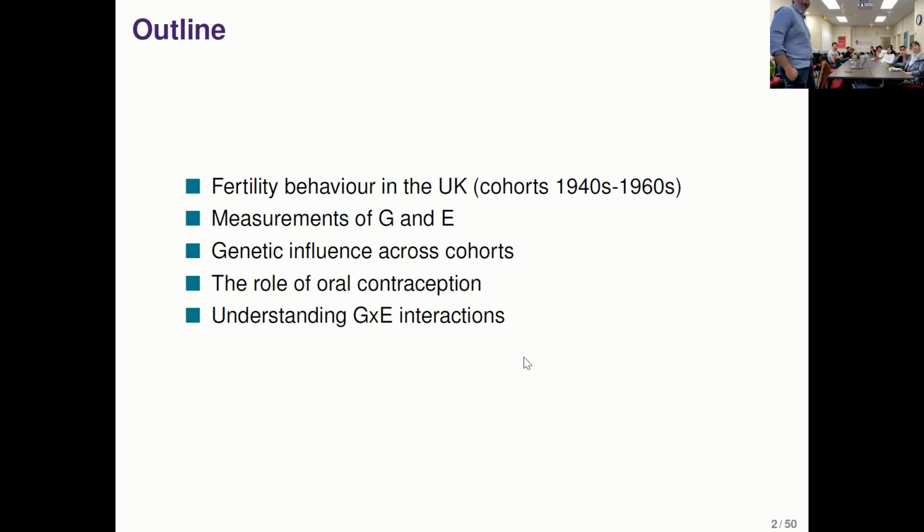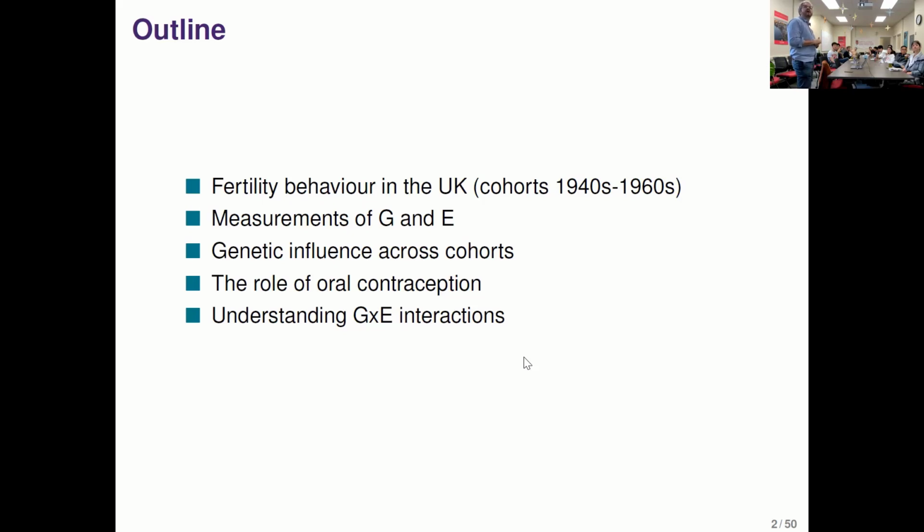Then I will talk a bit about our measurements of genetics and environment. This is a paper in which we try to understand gene-environment interactions, and also talk about a few problems we came across with this measurement.